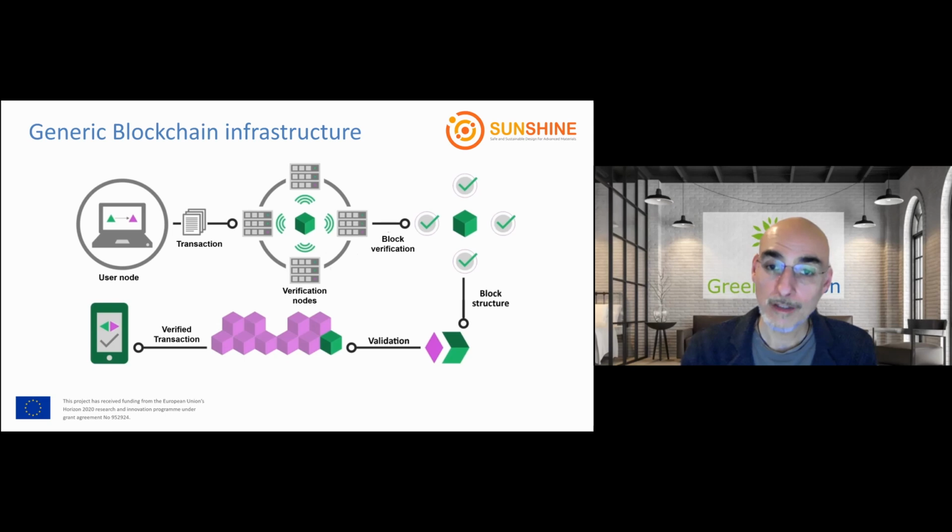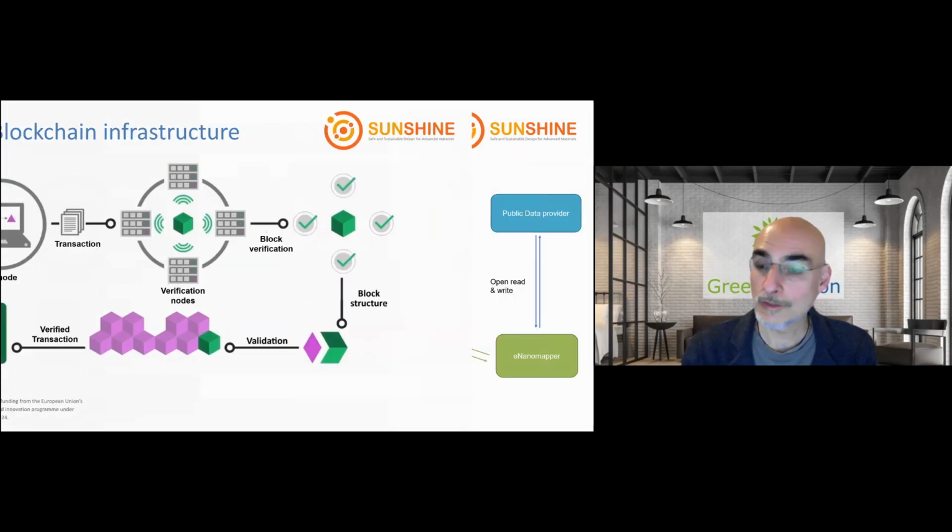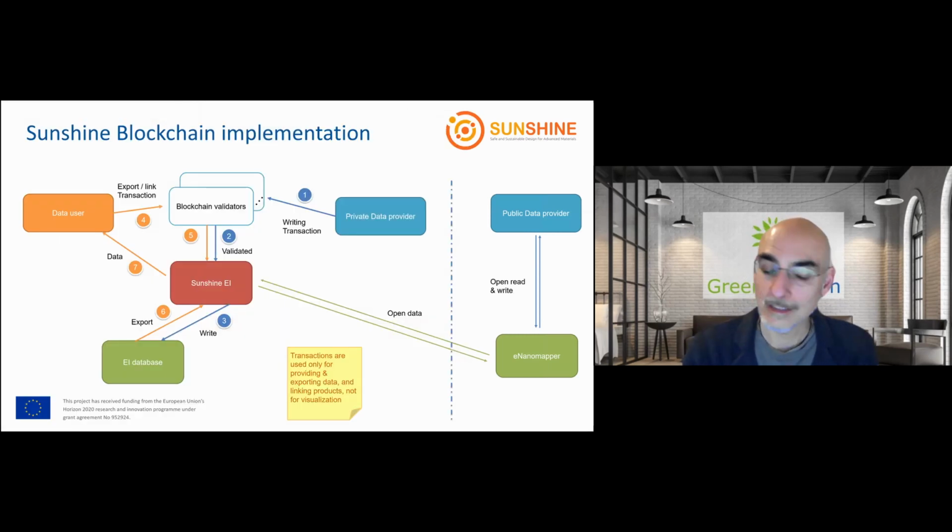As we said, we have two sources. As you can see on the right side, the public data is provided by project partners, by anyone who's participating in the Nanomapper database, and this is open for reading and writing.